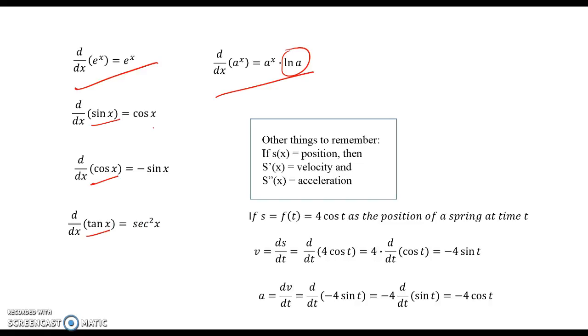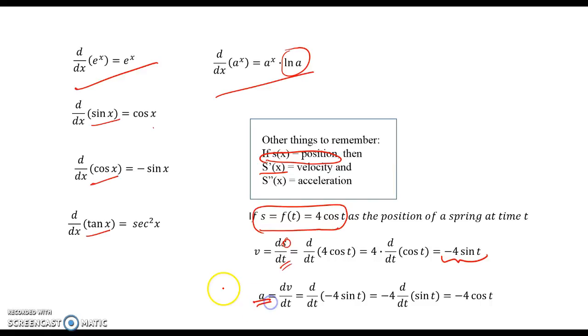Other things to remember, and we worked with this before: if we have a position function that we're going to call s, the first derivative of the position function is the velocity, and the second derivative of that position function is the acceleration. So as an example, if I had a position function that equaled 4 cosine t, the velocity equation would be the derivative of that position equation with respect to t, which would be, 4 stays there, the derivative of cosine is negative sine, so you have negative 4 sine t.